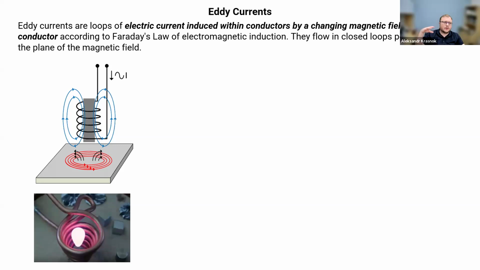Magnetic fields penetrate in, so suppose you have some big amount of something conducting that you want to melt.